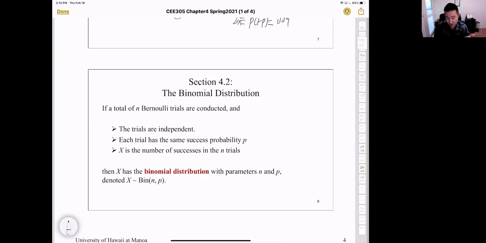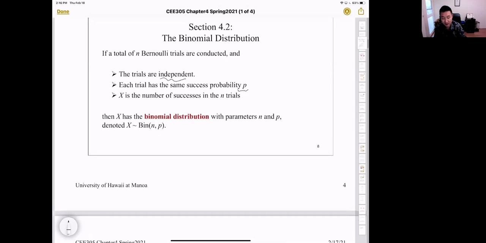If the experiment consists of n Bernoulli trials, and these n trials are independent of each other, and each trial has the same success probability p, so p does not change for these n trials, and x is defined as the number of successes in these n trials, then we can conclude that x follows a binomial distribution.